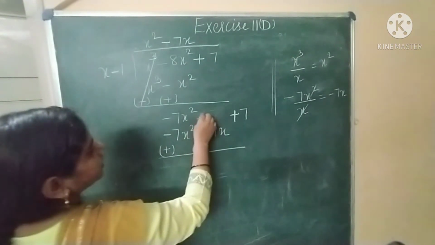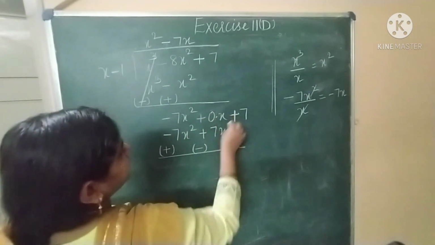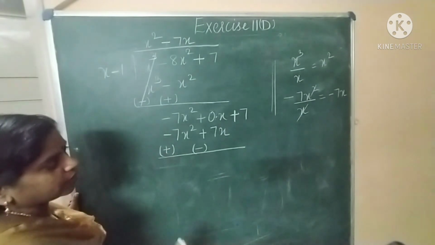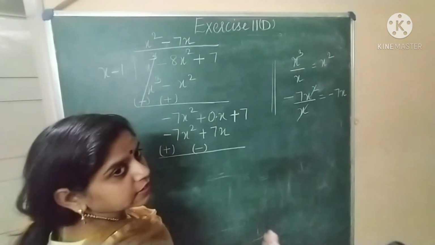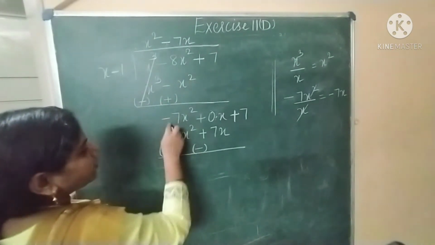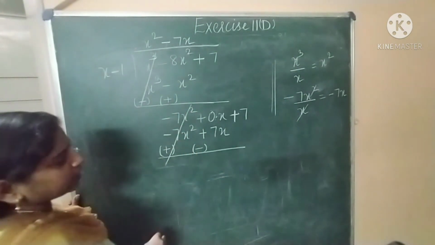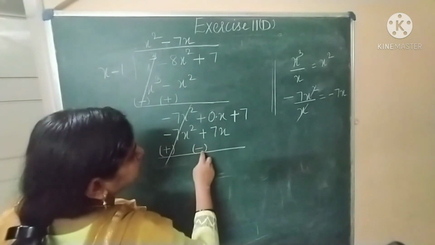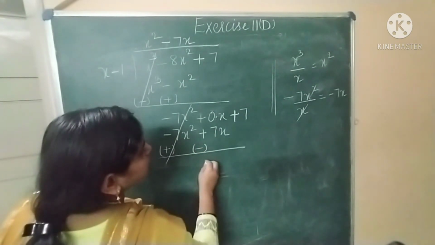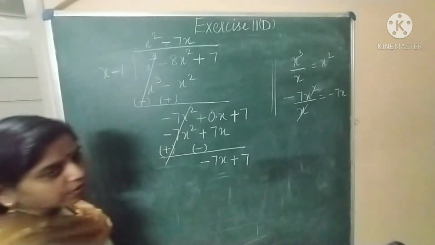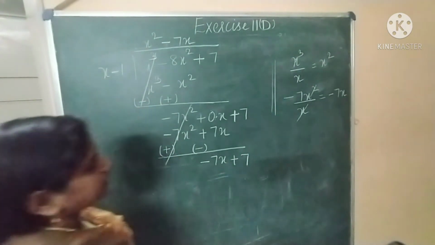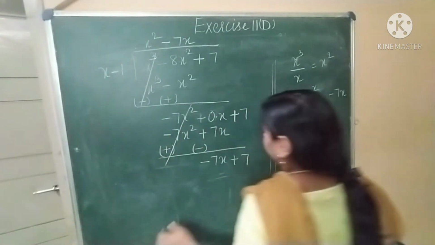You can write it as 0x like this. Anything multiplied with 0 is always 0. So minus and plus, the terms will get cancelled, that is nothing but minus 7x plus 7. Again, if you observe, the remainder is not 0. We will continue the division.